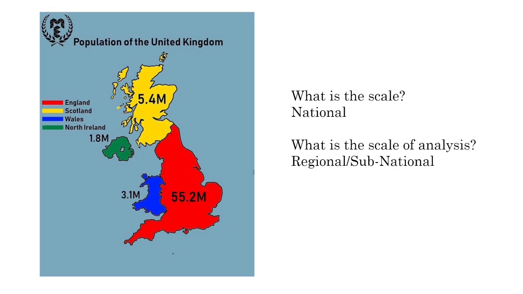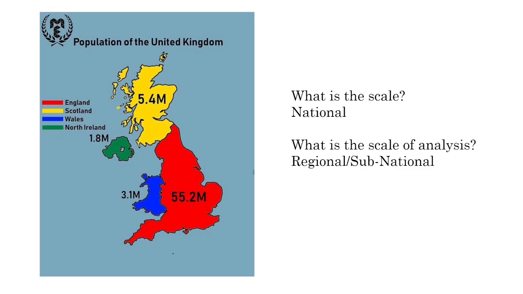So England, Scotland, Wales, Northern Ireland, those are all regions within the United Kingdom. They're not countries. A lot of you would probably say that they're countries, but a country is not composed of other countries. A country is composed of cities and towns and sometimes states and provinces. Like America has states, Canada has provinces, France has administrative regions.